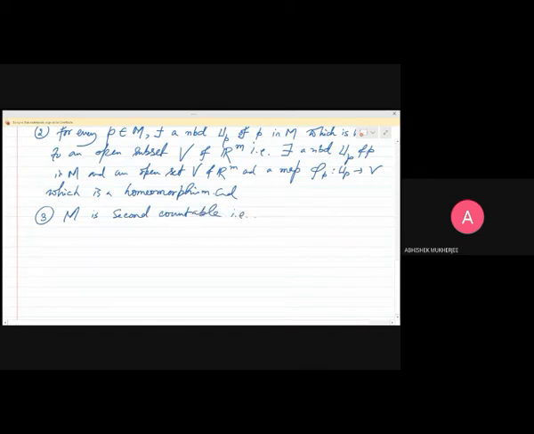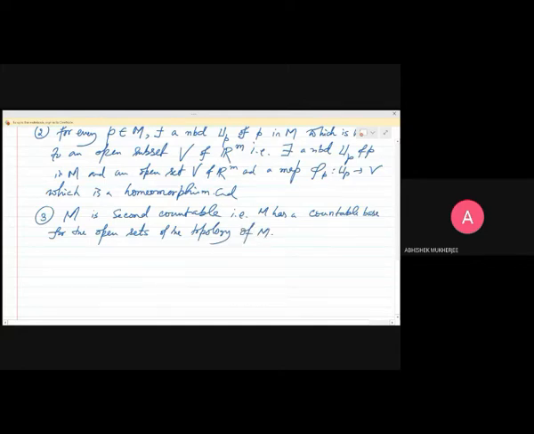That is, M has a countable base for the open sets of the topology defined on M. Okay.